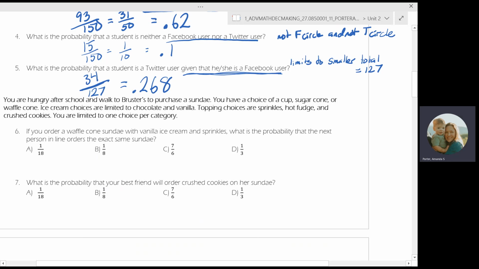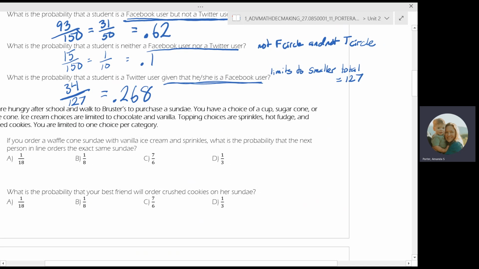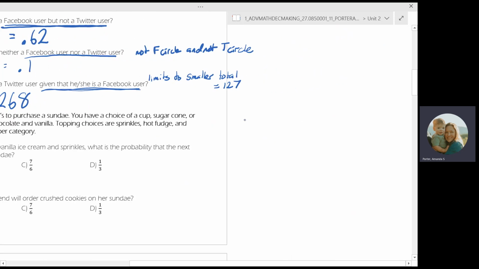Okay, so I think the easiest way to represent this scenario would be to draw a tree. We basically have 3 categories. We have the holder, we have the ice cream, and we have the toppings. This is going to tell me from a tree diagram standpoint that I have 3 layers.